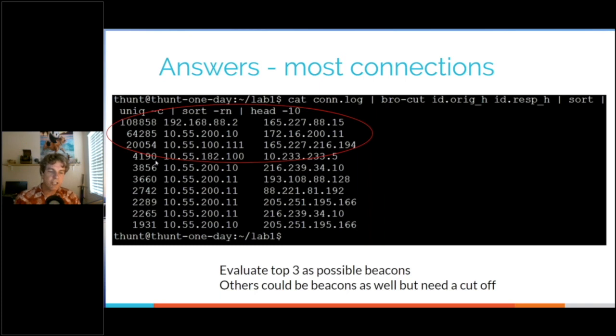Yeah, so to expand on what John was talking about a little bit, let's take the third entry just to pick on any one of them. We had 20,000 connections, and John and I are saying maybe it's a beacon, maybe not. Well, why? What's the difference? If these 20,000 connections took place in, let's say, a 10-minute period of time, well, that was just something really busy that took place. That's not a beacon.